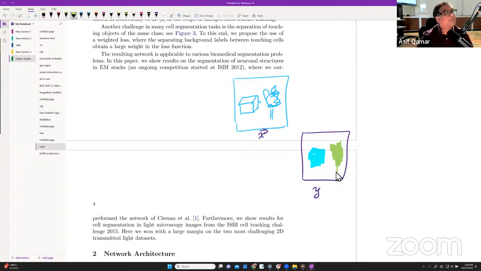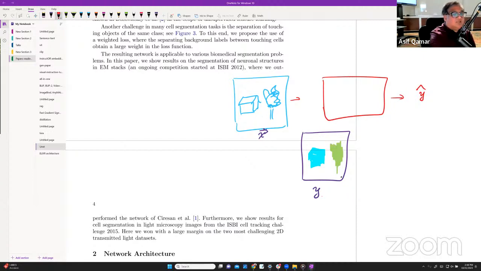I can give it a ground truth, and I can basically say that I'll pass it through my U-Net, but what I expect it to produce is not the original picture. I expect it to try to recreate Y, not the original X, but Y. So it will produce some Y hat. In the beginning, let us say that the original Y hat may be pretty bad.